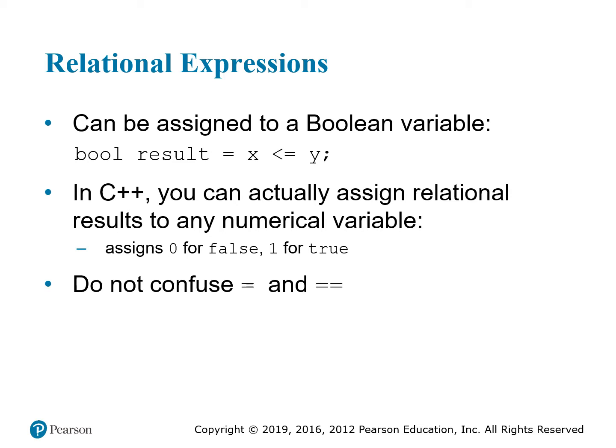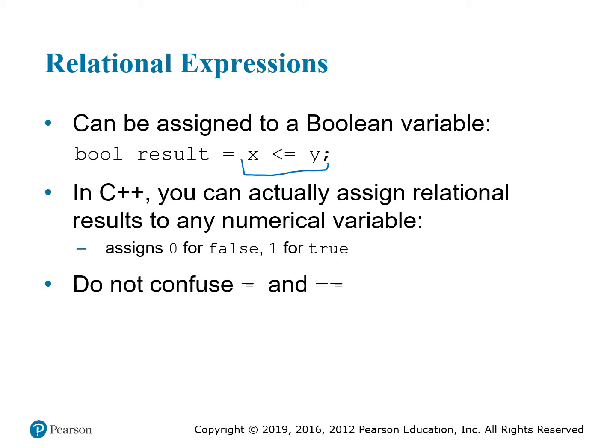These relational expressions, the result of the expression x less than or equal to y, is either a true or a false result, and that can be assigned to a Boolean variable which holds the values true or false.